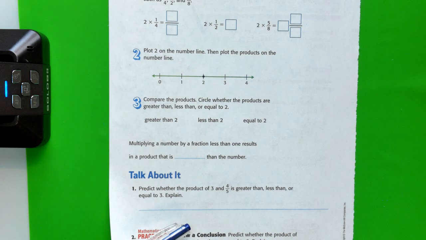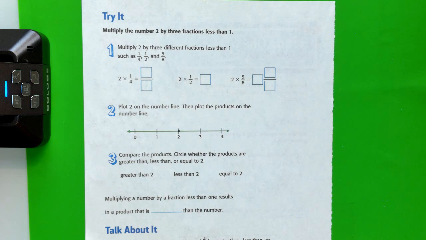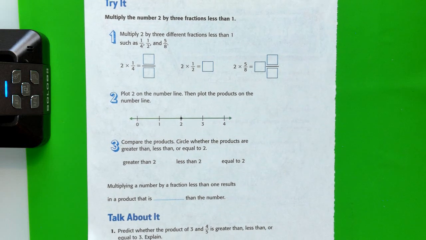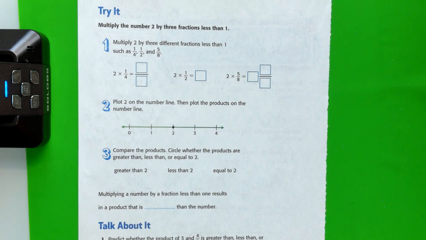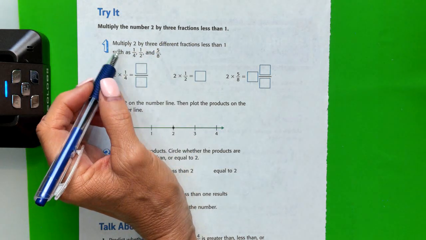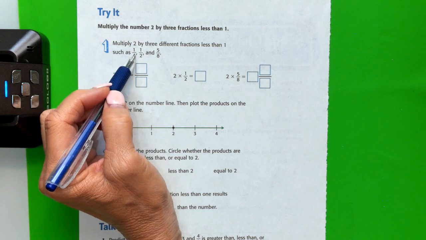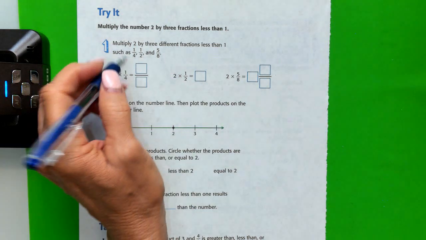Okay, let's look at our try it. Okay, so we're going to multiply the number 2 by 3 fractions less than 1. So they gave us 1/4, 1/2, and 5/8.